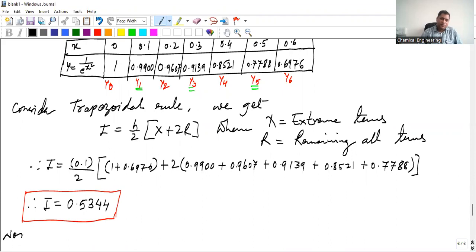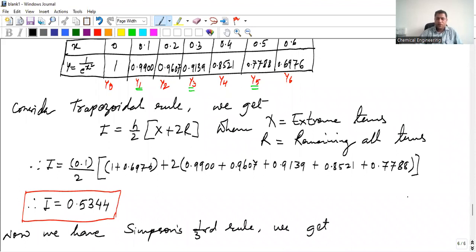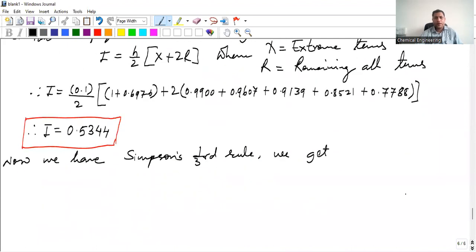Now we have Simpson's 1/3 rule. So what are we able to get here? I is equal to, what is in the 1/3 rule? H by 3 times X plus 4 odd plus 2 even.